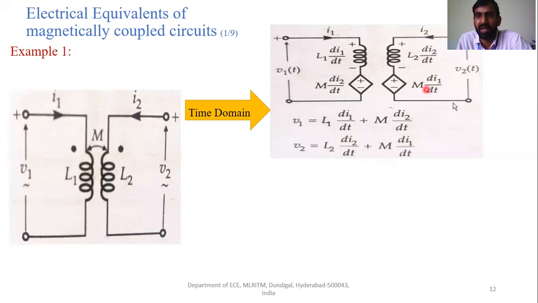That current is going to link coil 1, so it is linked with the other coil. That is why here it is M di1 by dt. This is the model for how we write the equations in the time domain for a magnetically coupled circuit. Now let us convert the same thing into the frequency domain.